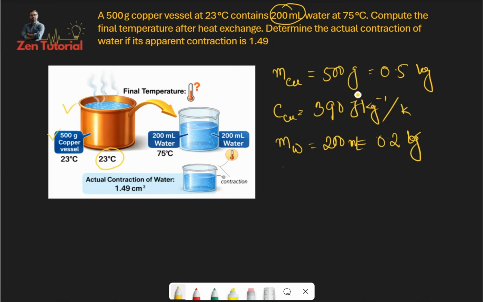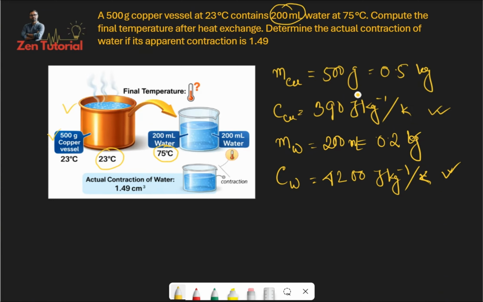And the specific heat of water, this is well known, hope so, to all among the students. We know that 4200 joule per kg per Kelvin. So these two values have to be given in the question. So the temperature of the water, that is actually 75 degrees Celsius, that is also given in the question.